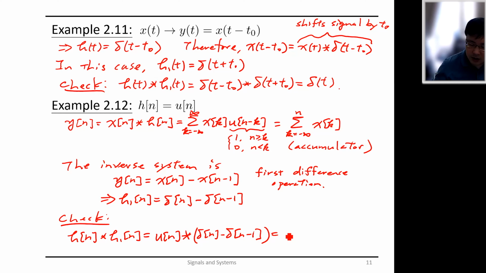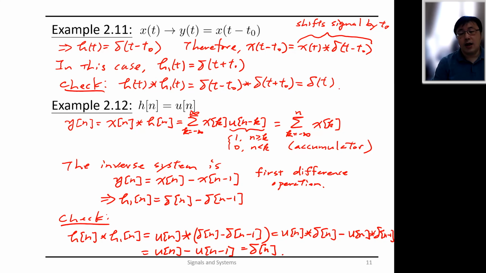You can write this as u[n] convolved with delta[n] minus u[n] convolved with delta[n minus 1]. And this is equal to u[n] minus u[n minus 1]. Convolving a function with delta of n minus 1 shifts it by time 1. And the difference between these two then becomes a delta function at time 0.